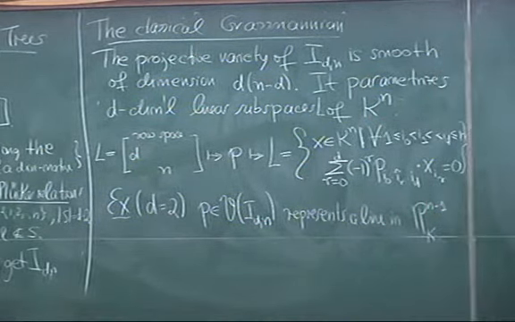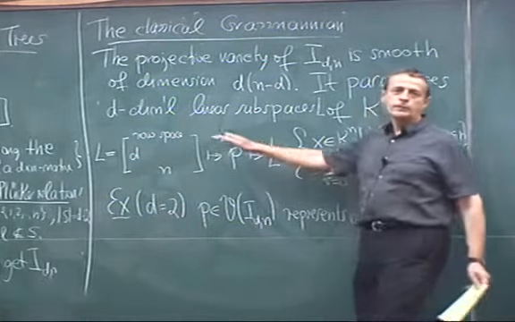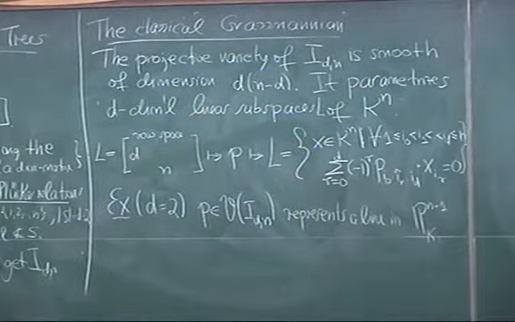Okay? So that's the end of the review of the classical Grassmannian. So the classical Grassmannian is a very nice manifold. It parametrizes linear spaces, and this is the rule for going back and forth between a linear space and the corresponding Plücker coordinate vector.